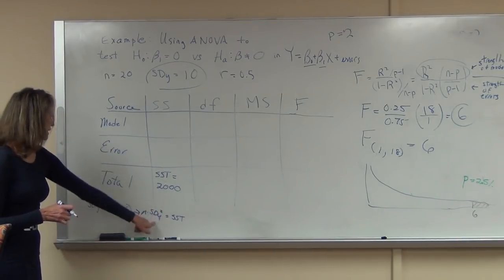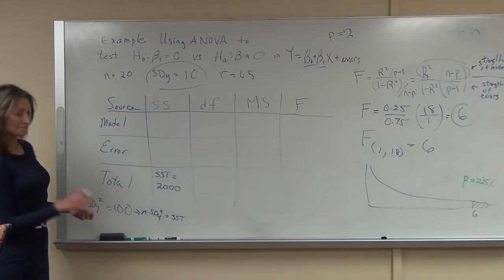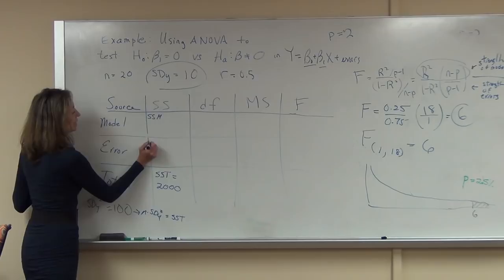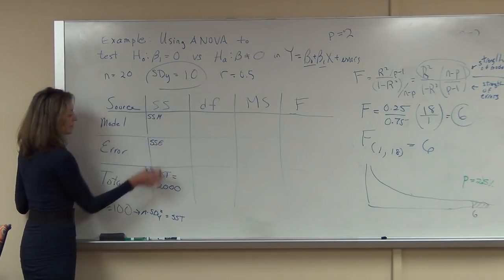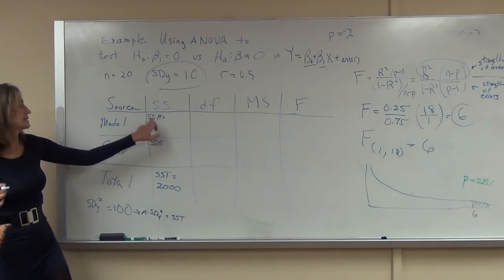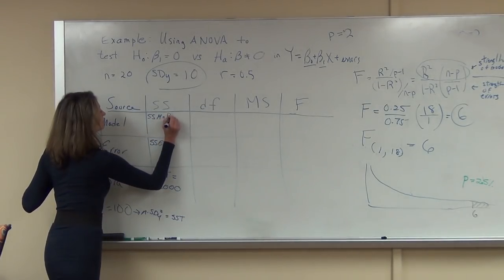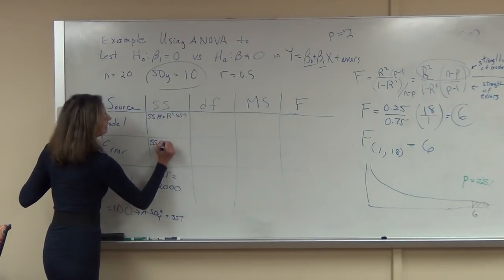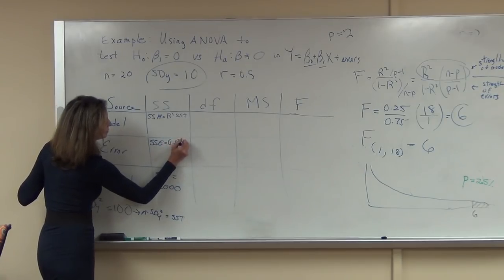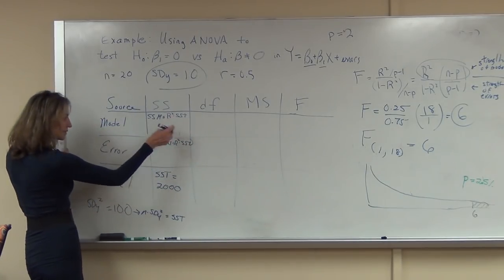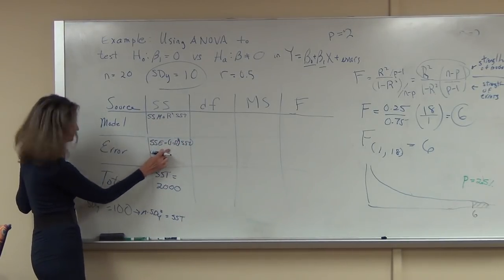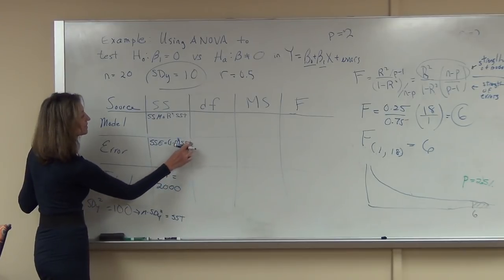So we've got that. And now, remember that SSM and SSE have to add up to that. And remember what we said, that SSM is R squared times SST, and SSE is 1 minus R squared times SST, and together, R squared plus 1 minus R squared times that is SST, right?